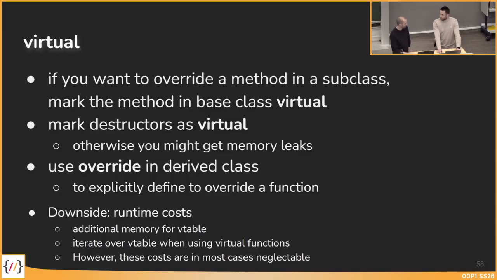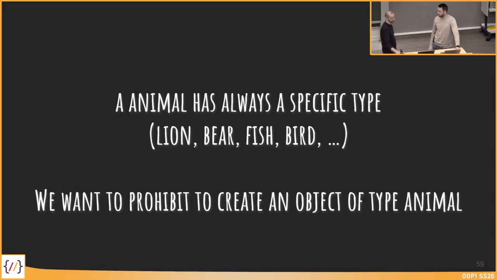Okay, we had this a few slides before: we don't want to make it possible to create objects of type animal, because in the real world there is no animal. It always has some specific type. Let's say we want to implement it so that there can't exist just an animal, but always an object of a specific type.